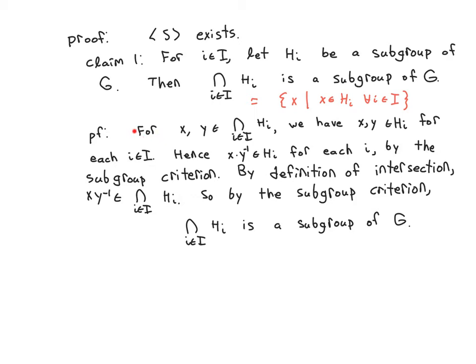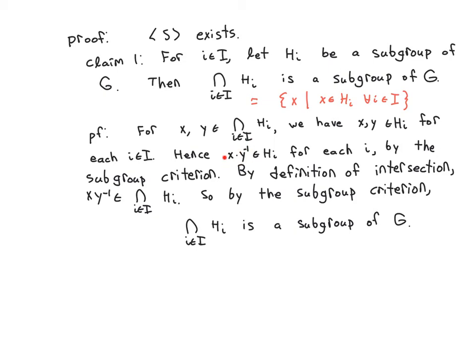So how does this proof work? Well, for x and y in this large intersection, we need to prove that the product is in this intersection. Well, what can we do? For any I in the index set, you have little x and little y are in that subgroup H sub I. Well, then x times y inverse is also in H sub I. That's one of the versions of the subgroup criterion.